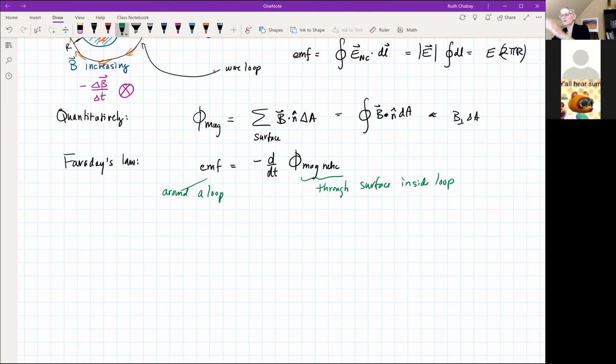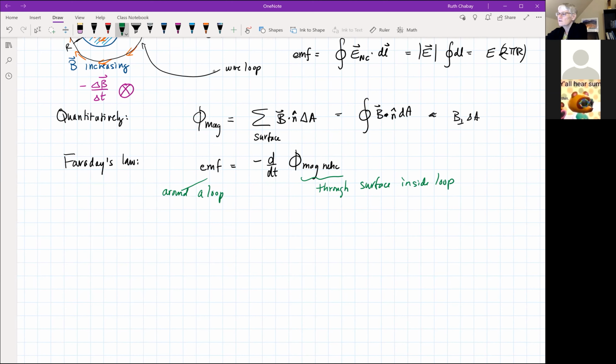So it's as if you made a loop out of wire and then dipped it into a soap solution, and you came up with a nice soap film across this loop of wire. The EMF in this loop of wire would be proportional to the rate of change of magnetic flux through the soap film.